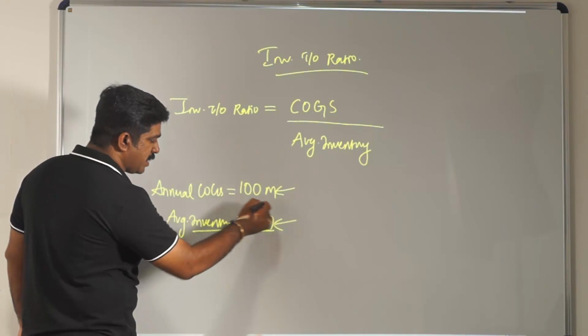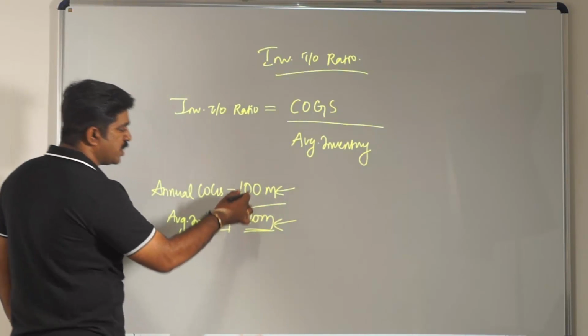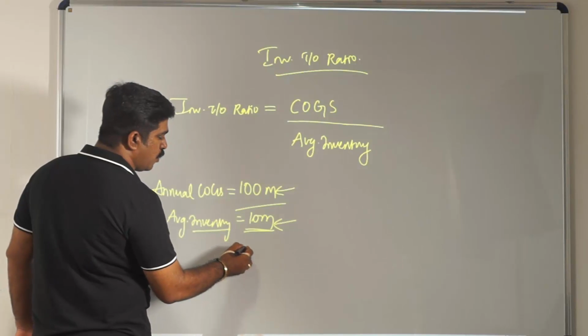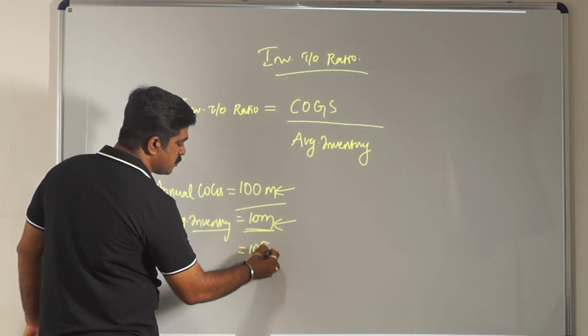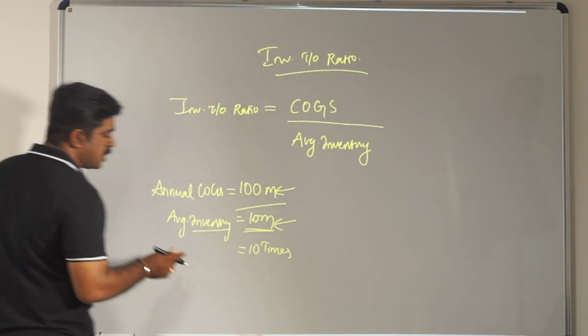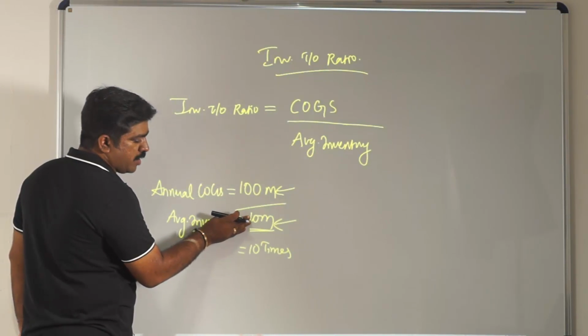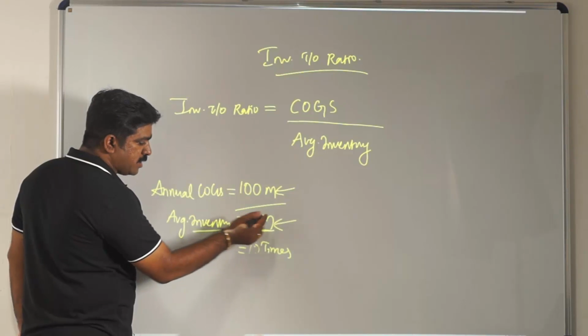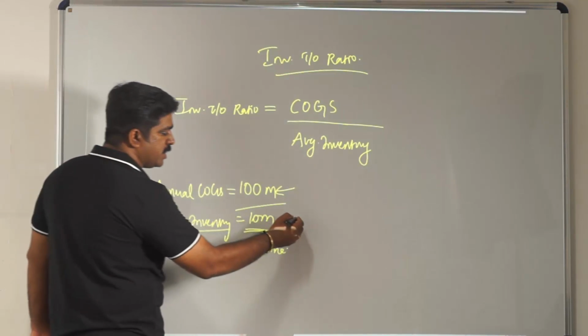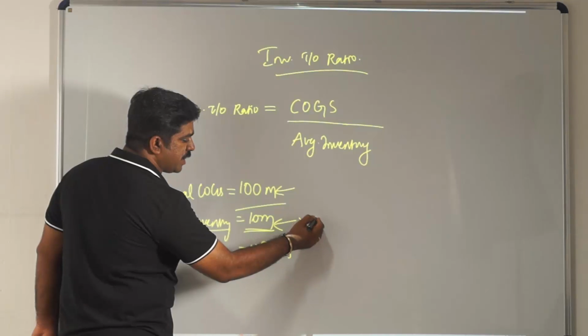So if I create a relationship between these two, that is 100 by 10, what I get is 10 times. It means this firm is keeping an inventory of 10 million, and that 10 million inventory is rotated 10 times.